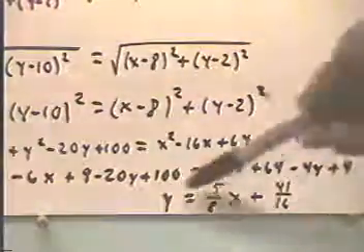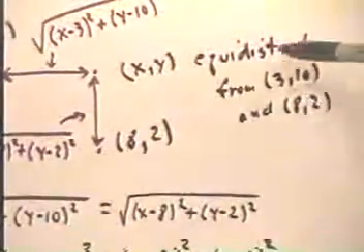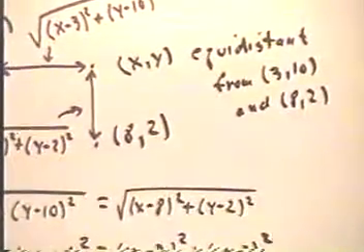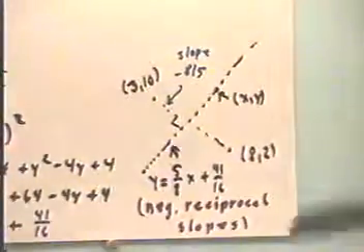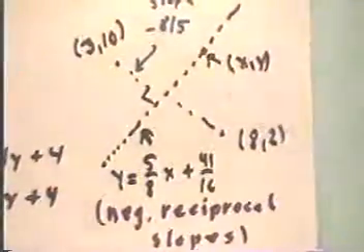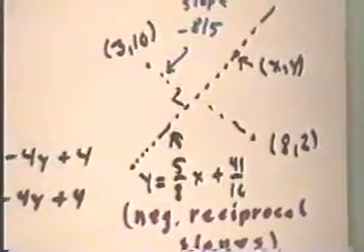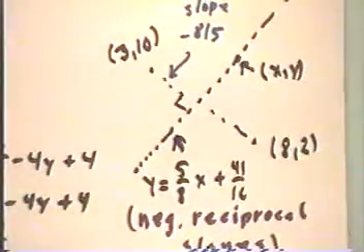Now what's the meaning of this line again? Well, this line is the set of points that are equidistant from 3,10 and 8,2. We can picture that. Zoom in a little bit. Okay, here's the point 3,10, here's the point 8,2.